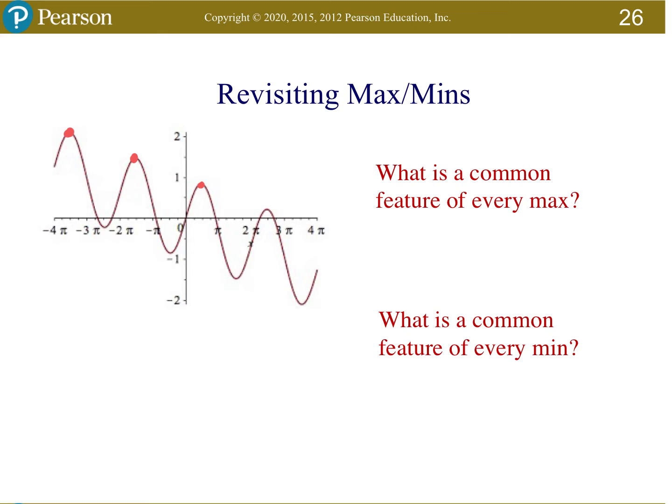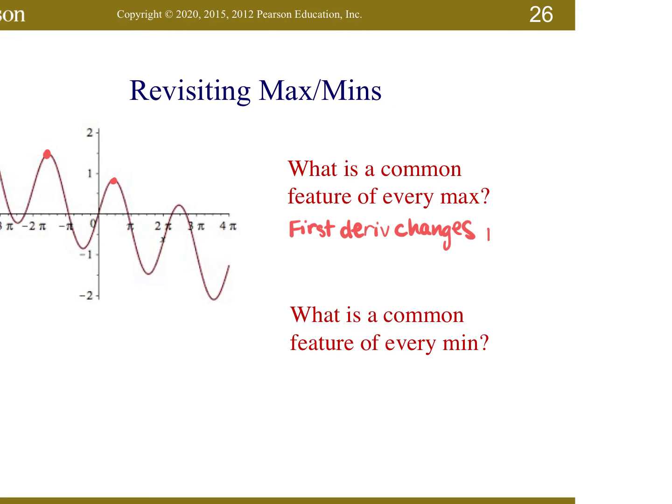So, two common features of every max. The first derivative changes, and it changes in such a way that we go from positive to negative. And the second derivative is totally negative. There's no changing of the second derivative in a max.